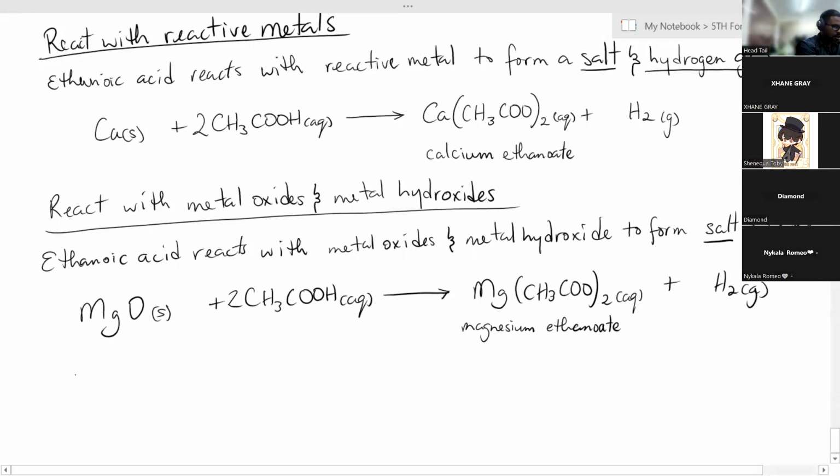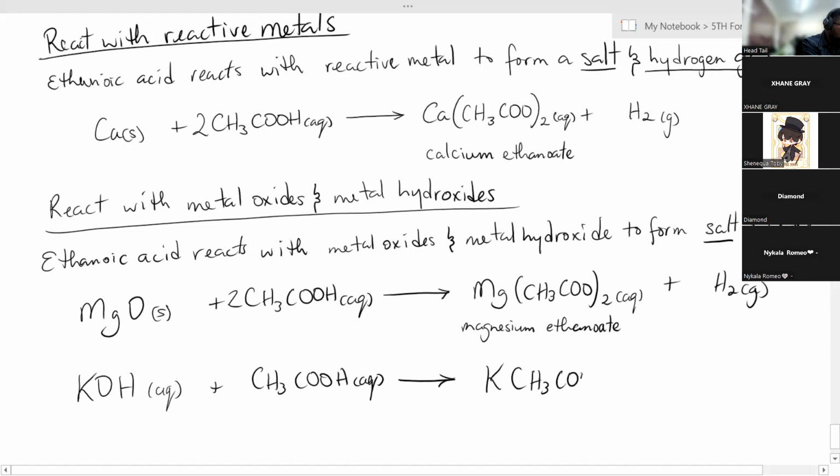Then we have the hydroxide. We have potassium hydroxide, solid. It could even be in an aqueous form; we could have it dissolved. Most of the time that's the case. And it reacts with CH3COOH aqueous to form potassium CH3COO.